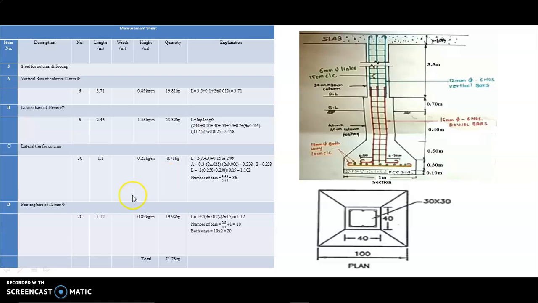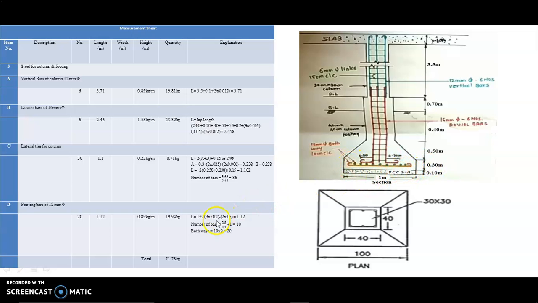Now we have to find the weight of the footing bars. For that we have to calculate the length. The length is equal to 1 plus 2 into 9 into 0.012, because the total length is 1 and we provide a hook here and a hook here.